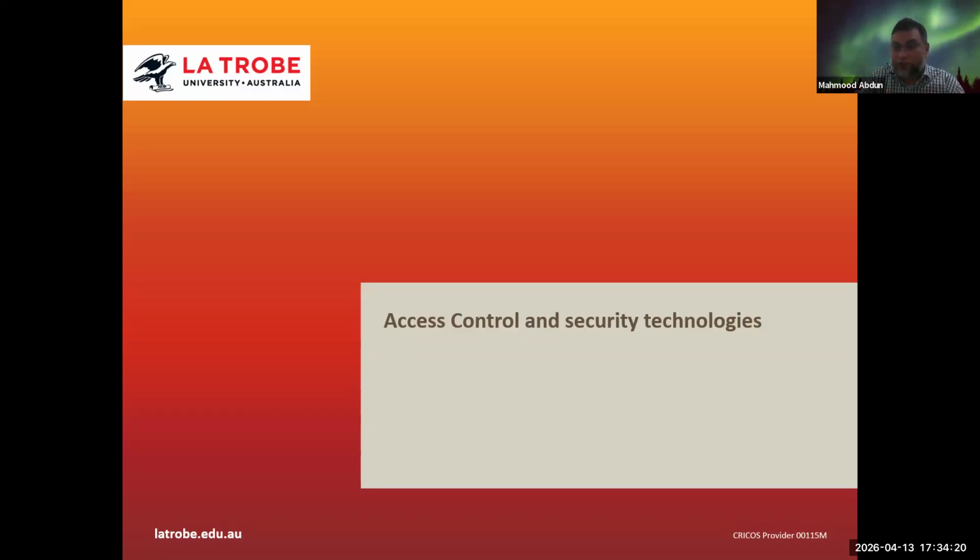As much as we have looked into the CIA concepts, security control framework, we also looked into risk management, cryptography, which is another very important aspect of cybersecurity, and then software security in the form of web application security. And finally, we have come to wrap things up in the access control and security technologies.